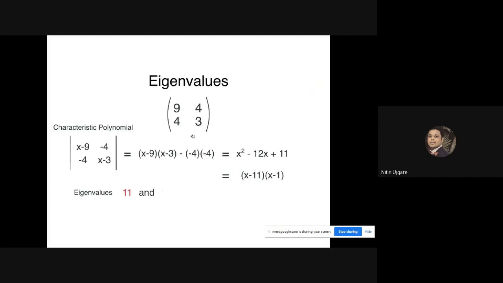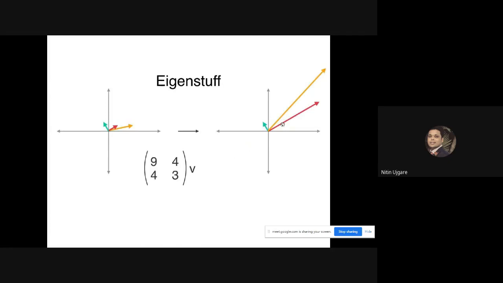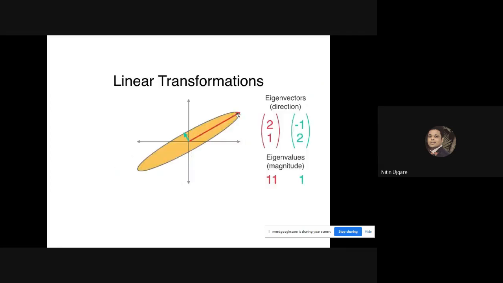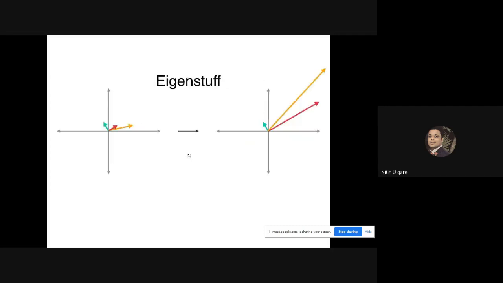So what is the eigenvector? The direction of projection of your sample points on the new hyperplane gives you the eigenvectors. This is the first eigenvector and this is the second eigenvector that I have got here.